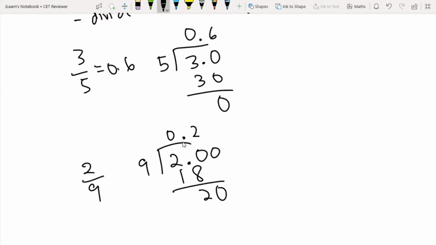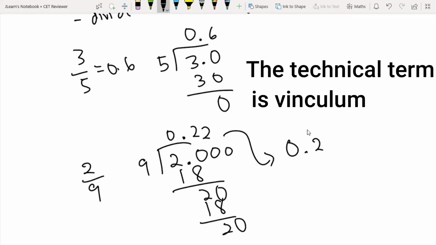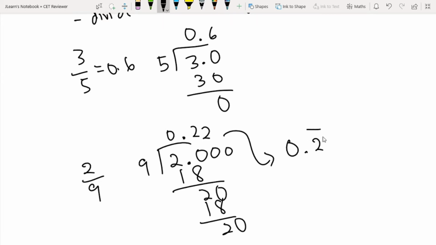So 20 divided by 9 is again 2, and then 18 ulit, then 2 ulit. Tapos bring down 0. So kung mapapansin mo, it's always 2, 2, 2, no? So we represent this as a bar, okay? So 0.2 bar. So meaning na itong bar is umuulit. Umuulit yung 2 infinitely.